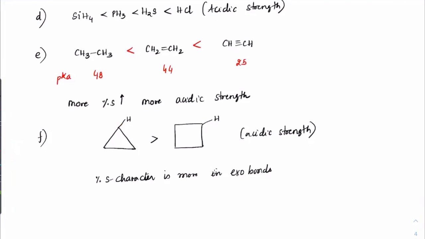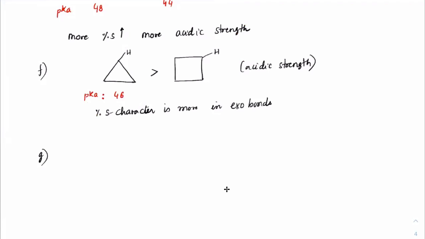Now if you check its pK value, the pK value of cyclopropane is around 46, which means if we compare generic alkanes, it is better than straight alkanes. Got it? Next, if we consider heterocyclic molecules like this, we have NH2 with plus charge here, and then we are comparing NH2.